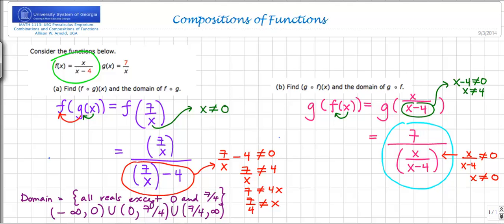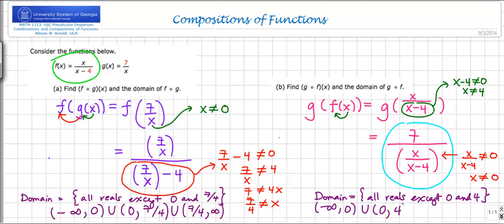So the domain of g composed with f is the set of all reals except 0 and 4, which in interval notation would be minus infinity to 0, union 0 to 4, union 4 to infinity.